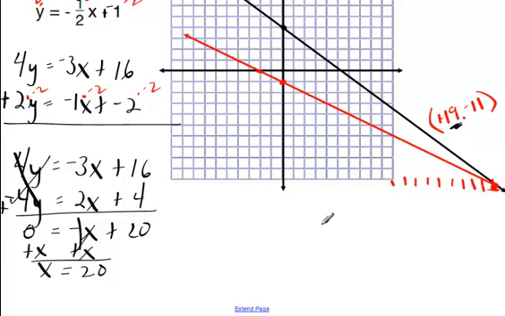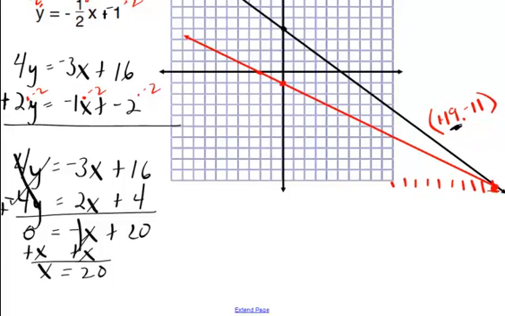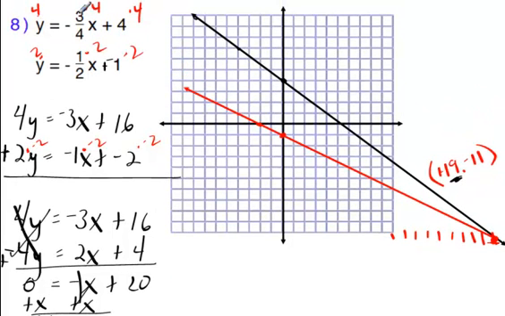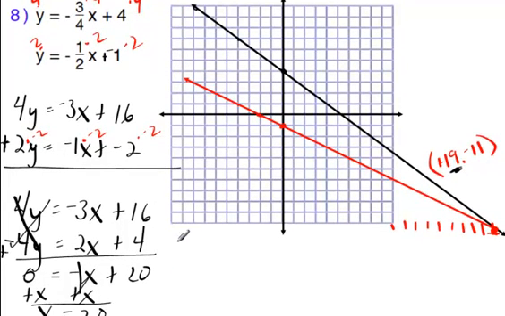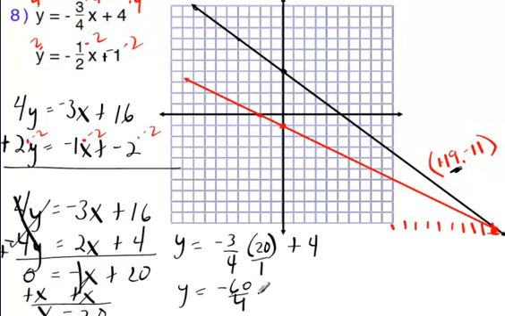So now let's take that 20 and substitute it back into one of these equations. So let's do just this one. So I have y equals, I have negative 3/4, I know x is 20, and I'm adding 4. Okay, so y equals, well, I have negative 3 times 20 is negative 60. 4 times 1 is 4.